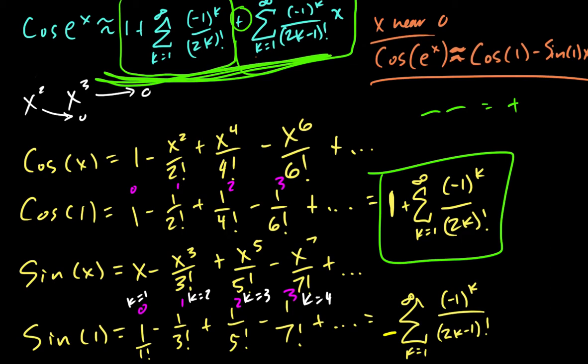Now, on part D, it says find by direct calculation the Maclaurin polynomial of degree 2 of cosine of e to the x. Okay, so to do that, we have to get rid of all that.